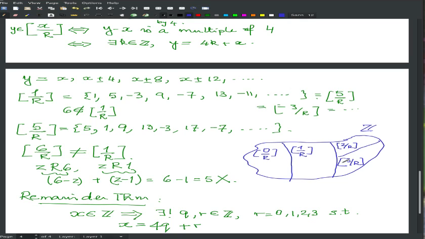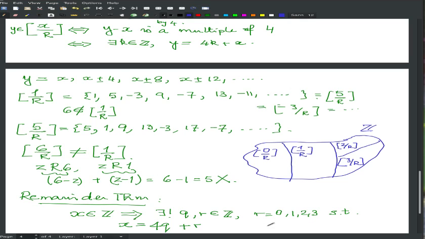Division or partition means any 2 such subdivision sets are disjoint. If you take the union of these sets, it gives us the whole of Z. This is another way of saying any integer when divided by 4 would have a remainder of either 0, 1, 2 or 3.